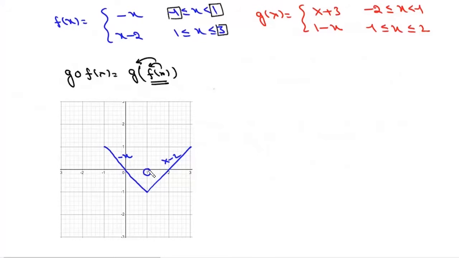So definition changes at 1, and then boundary values are minus 1 and 3. Now we'll draw horizontal lines at boundary conditions of gx. So we'll draw a horizontal line at minus 2. And then at minus 1. And then we'll draw a line at 2.